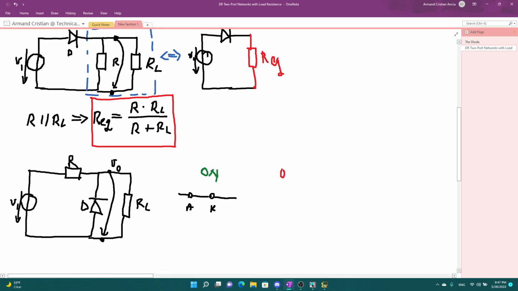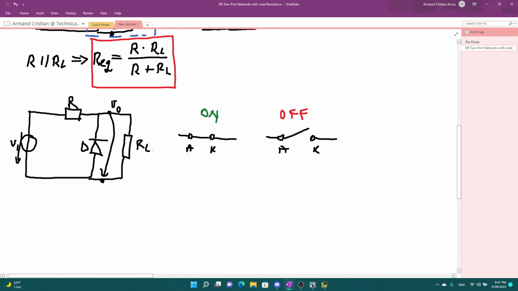In the off state, however, the diode becomes an open circuit. Meaning there is no current or voltage going through this wire anymore.